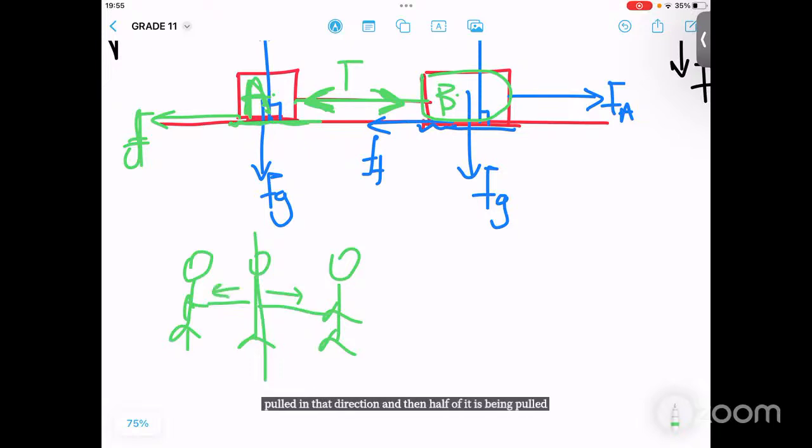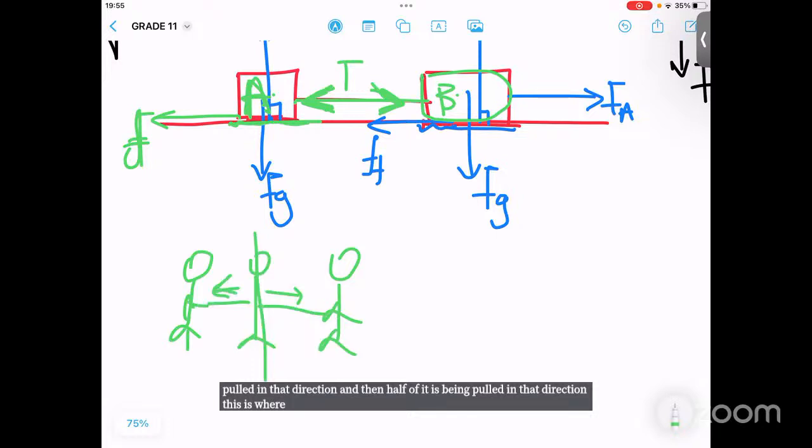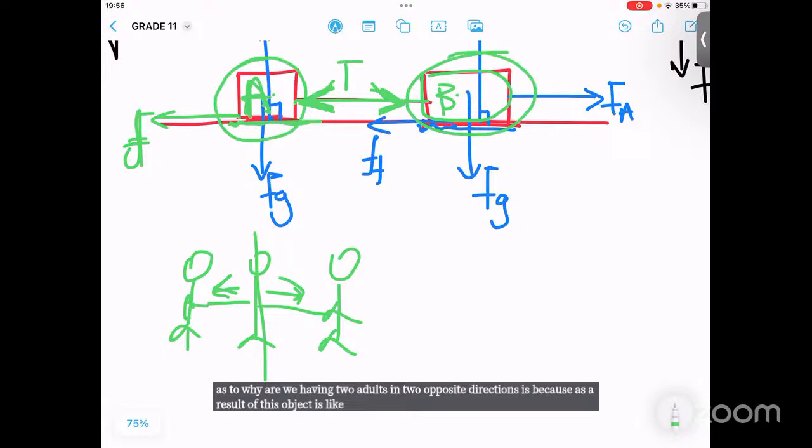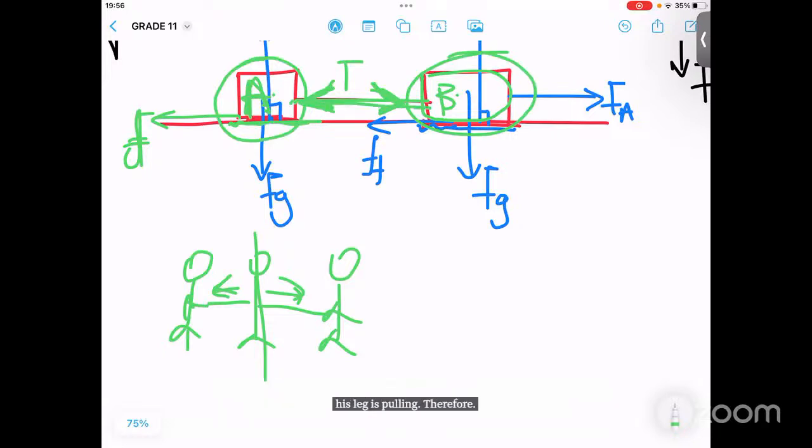This is where these arrows are coming from. If I use this example as to why we have two arrows in two opposite directions, it is because, as a result of this object, it's like it's pulling. Also, as a result of this, it's like it's pulling. Therefore, this rope connecting these two things is experiencing a tension. And in terms of the arrows, this is how we represent that tension.